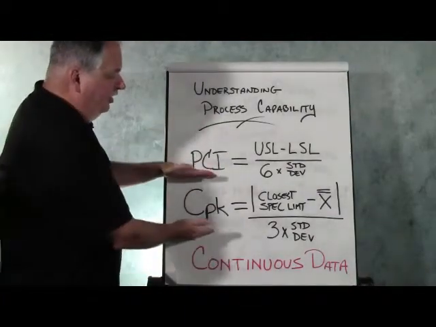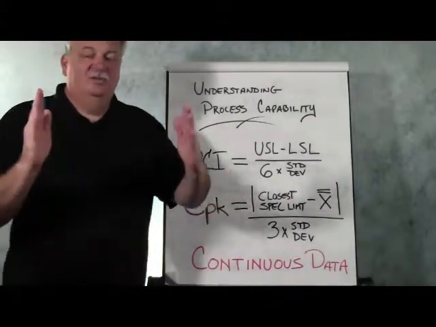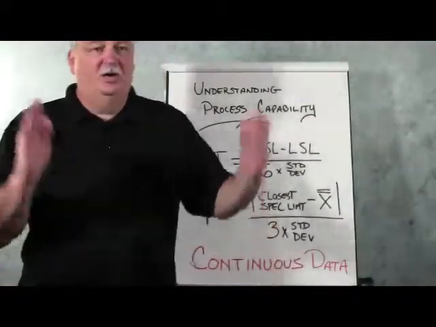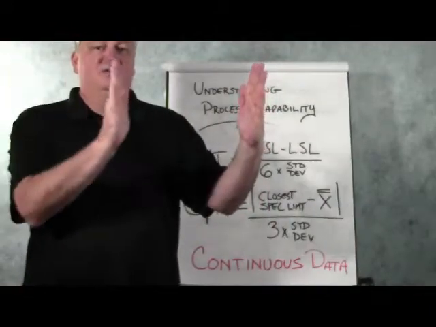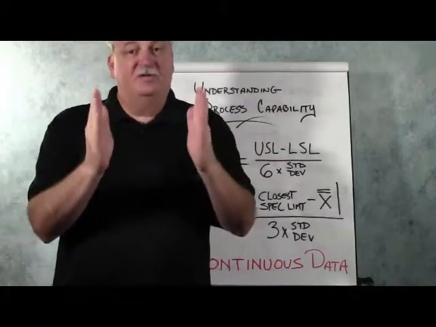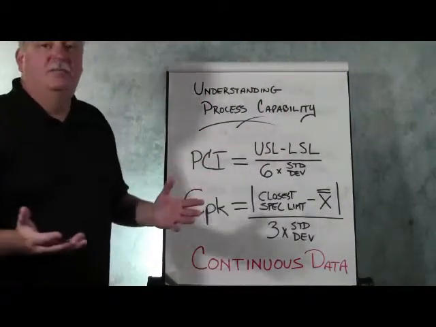All right. The other index that we have is called the CPK. The CPK helps us to understand where our distribution is. Is our distribution centered in our specification, or is it toward one side or the other? If our distribution is perfectly centered, then the CPK and the PCI are going to be exactly the same value.